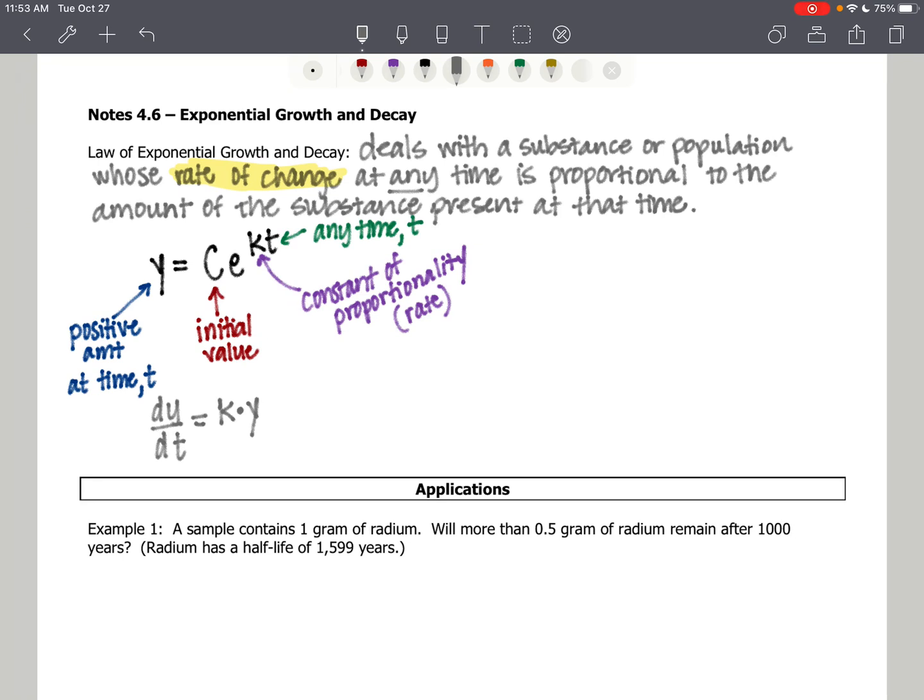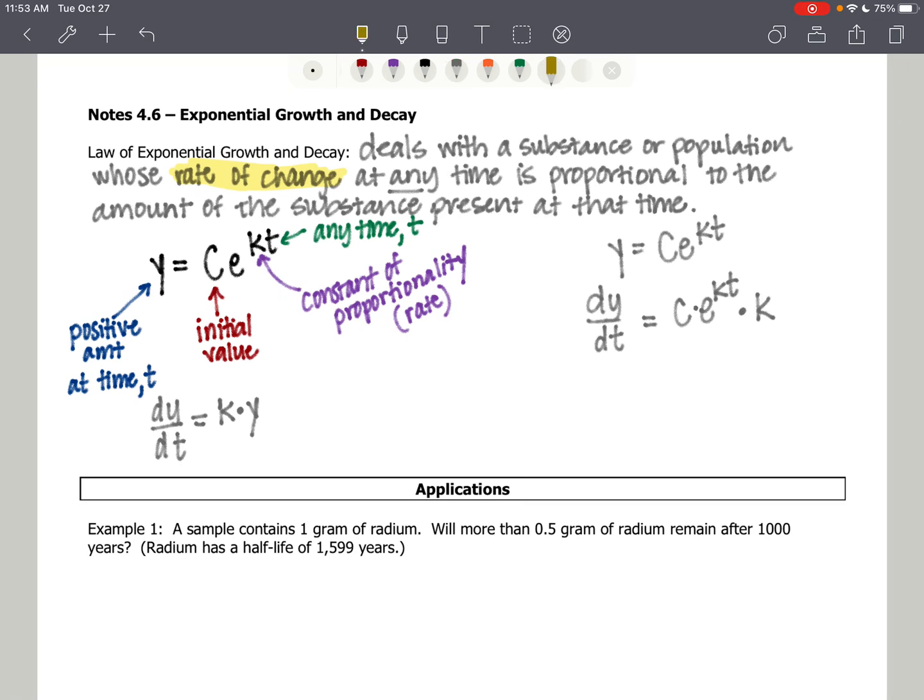Now that we know enough about derivatives, we can further investigate where this is coming from. y equals c times e raised to the kt power. So we take our derivative with respect to time, dy/dt, which is equal to our constant times the exponential expression e raised to the kt power times the derivative of that exponent, which would be k.